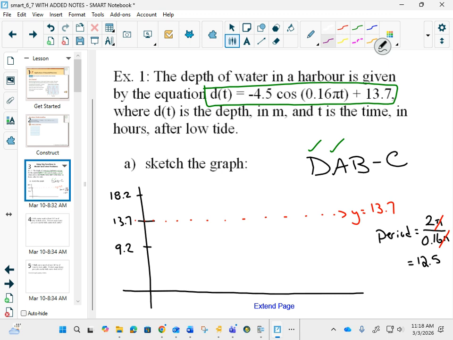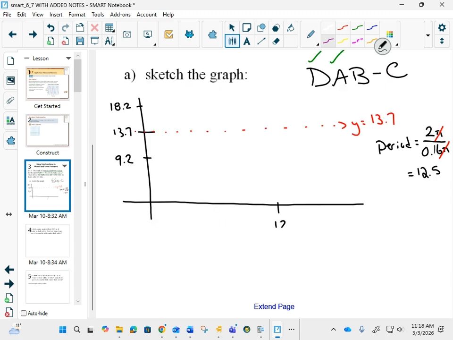So we mark a 12.5 somewhere along the x-axis and divide it into 4 equal sections. Half of 12.5 would be 6.25. Half of 6.25 would be 3.125. And 3 3.125s would be 9.375. That is your B value.